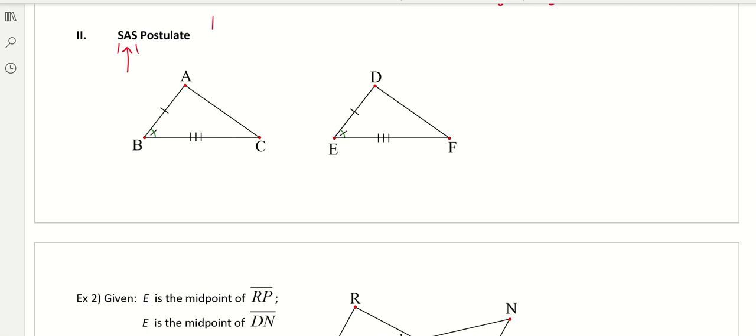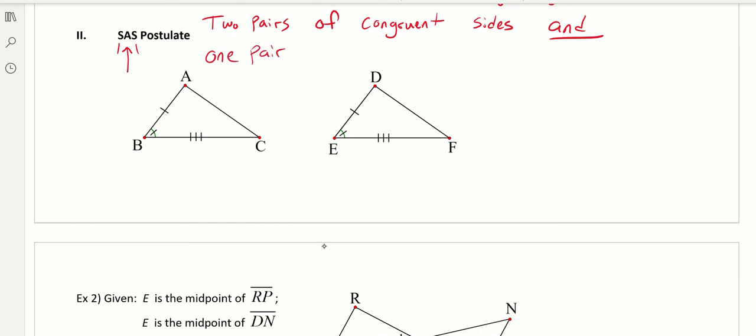So what we have is two pairs of congruent sides and one pair of congruent included, this is a key word here, we're going to talk about this a bit, one pair of congruent included angles.